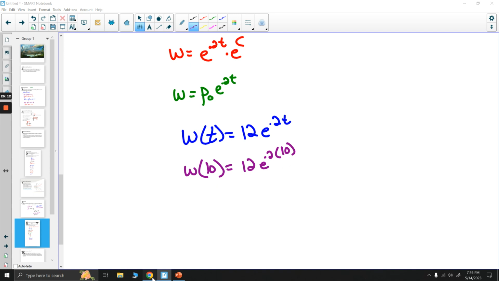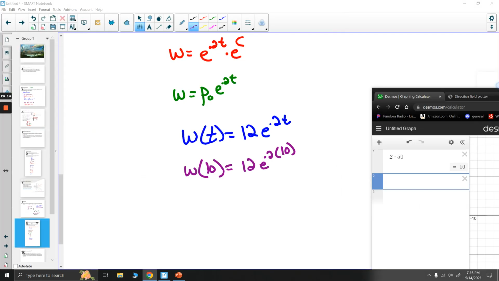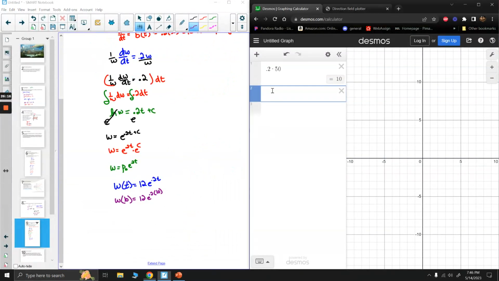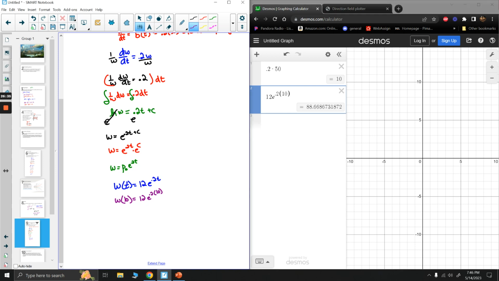So if we take a look at that, we end up with 12 times e to the 0.2 times 10, and we have 88.6 wolves, which sounds like 88 wolves. We don't have 89 wolves yet. I mean, we could round up if we wanted, but we would have 88 wolves.